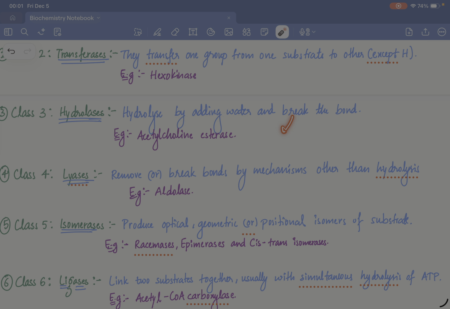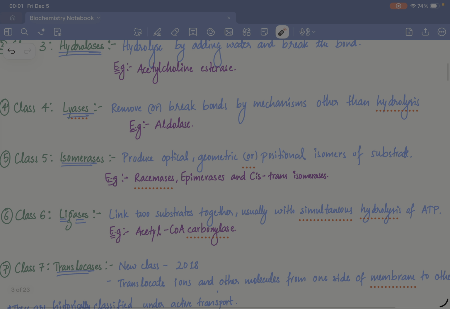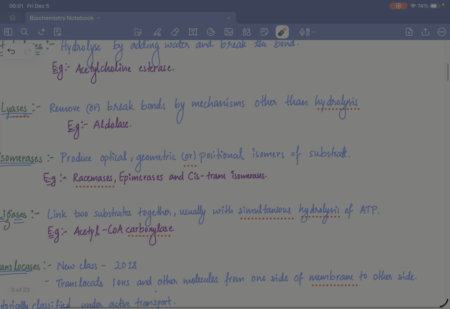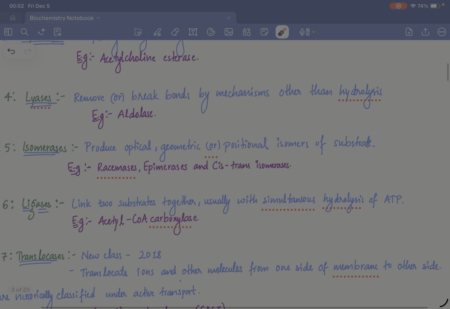So they usually break the bond by adding water. Okay, example acetylcholine esterase. See, there's acetylcholine here, it breaks that to choline using water, by adding water to acetylcholine.